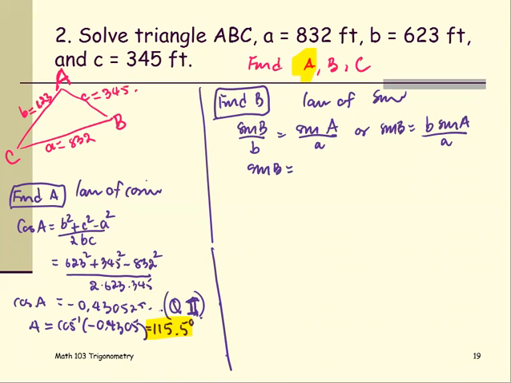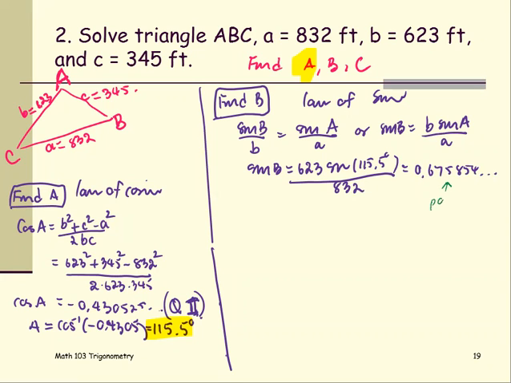The sine B equals 623 multiplied by sine of 115.5 degrees, all divided by 832. And we get the number as 0.675854 and so forth. The sine value is positive.